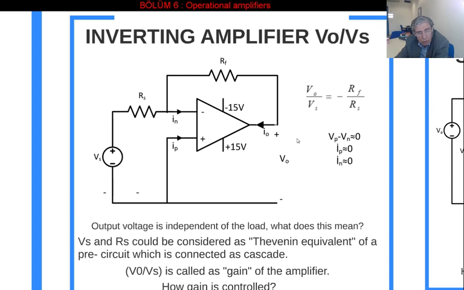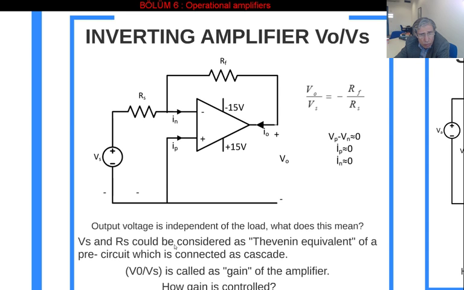That is an independent voltage source, and the same thing is happening here. Therefore that V0, or V output, behaves as an independent voltage source. That is one interpretation of this mathematical relation.